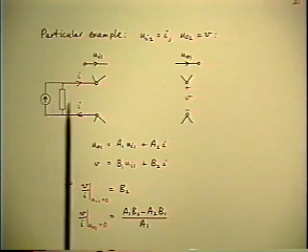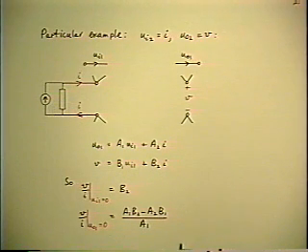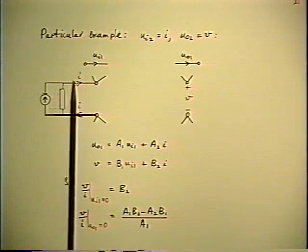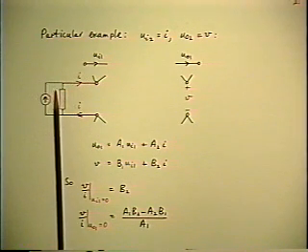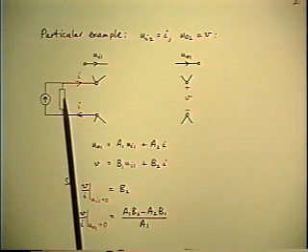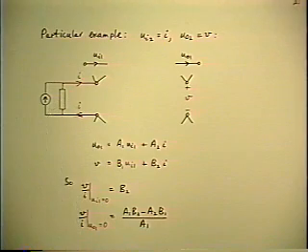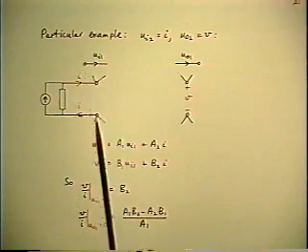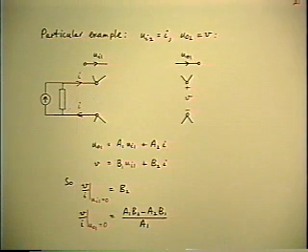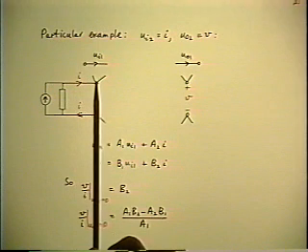And I've drawn it as a Norton equivalent, which is possible because I can represent any linear system at two terminals by a Norton equivalent. That's what Norton said. So it doesn't matter where the current comes from. Or another way of saying that is that the stuff inside the black box that I'm dealing with doesn't even know where it comes from. All it knows is that there is a current going in at that node.